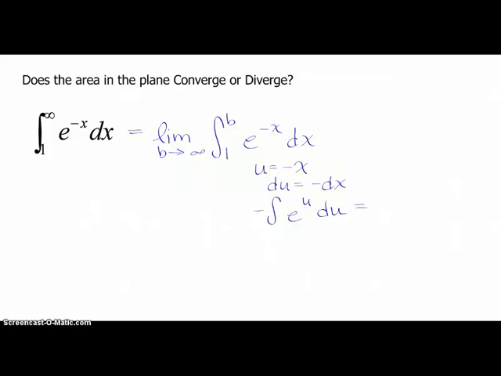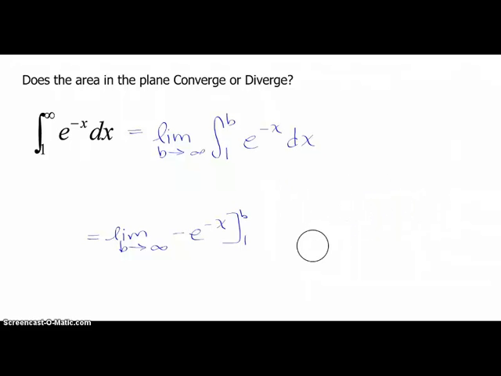And so the antiderivative function here, the meat of it that I'm after, is negative e to the u. So I'm going to come back and pop that into my definite integral, and the result is negative e to the negative x. And I'm showing the AP reader that I'm going to do the fundamental theorem.